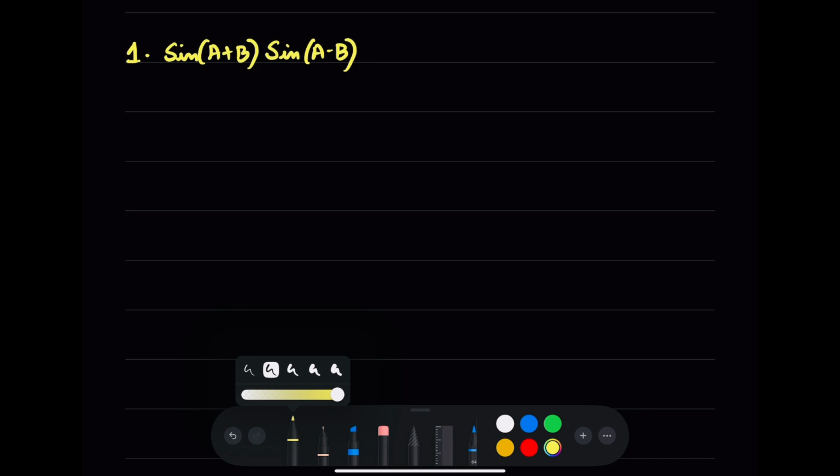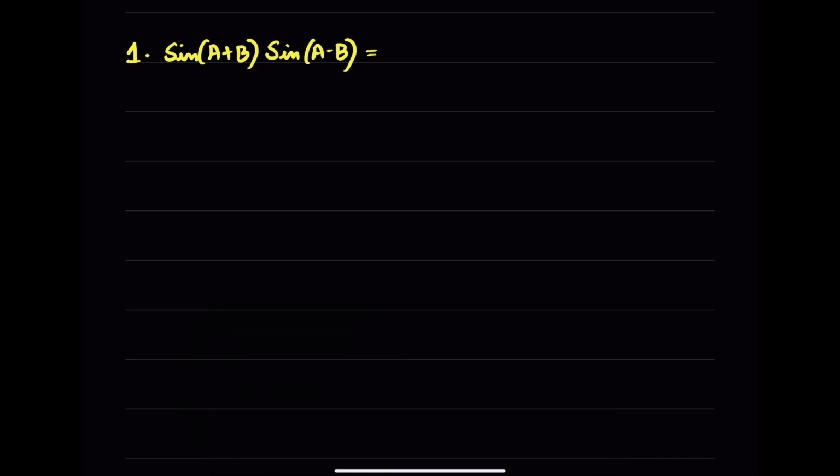So let's get started. Let's take on the first problem, which is sin(a+b) multiplied by sin(a−b). Here we have to apply the formula we already know. So sin a cos b plus cos a sin b, that is for sin(a+b), multiplied by sin a cos b minus cos a sin b.